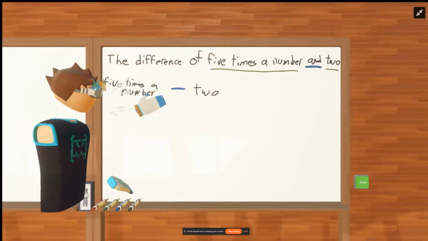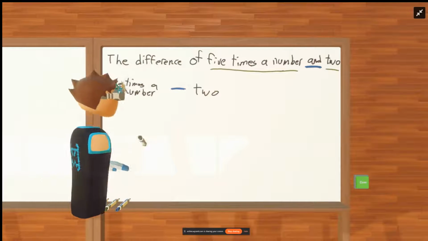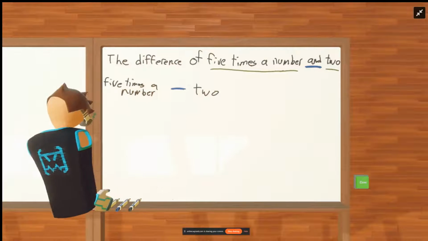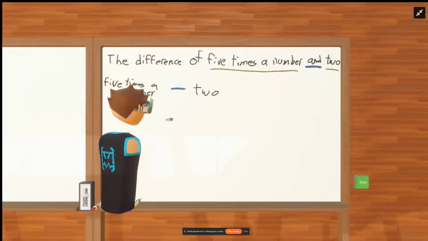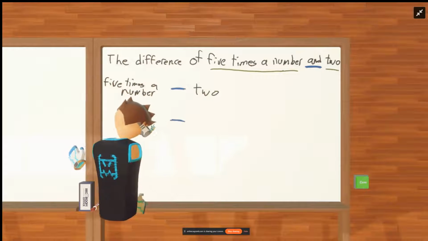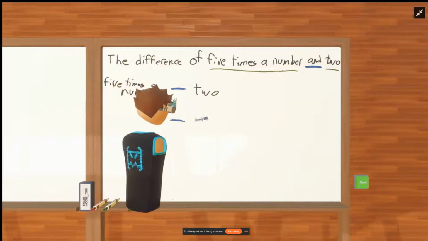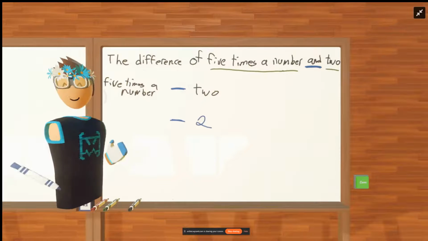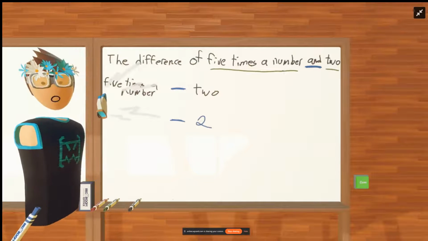So 2 is pretty easy to convert. We just convert that to straight up 2. So I'm going to come down here, draw my minus sign again, and we're going to convert 2 to 2, right? It's just 2. But this one might be a little bit trickier.